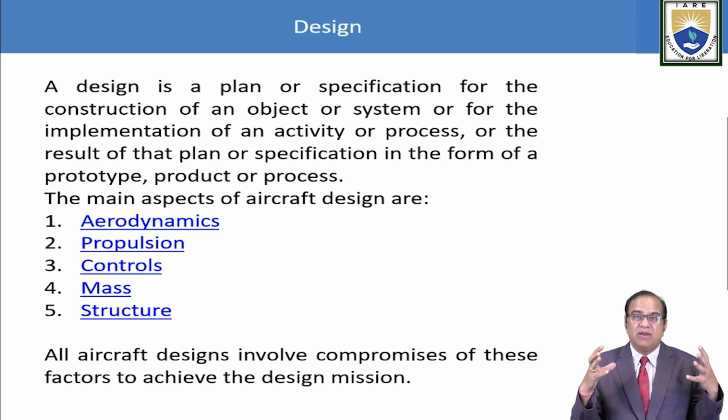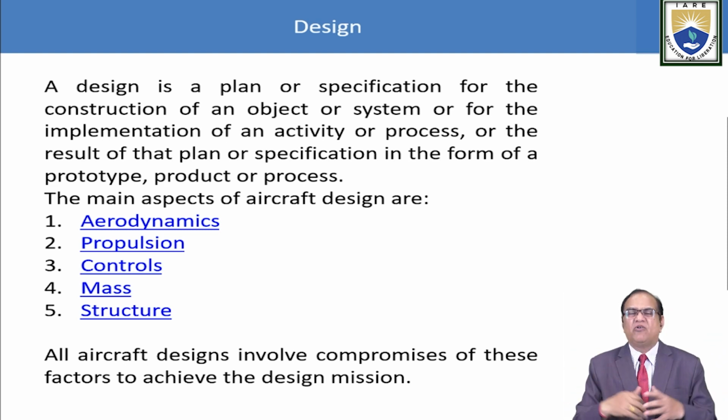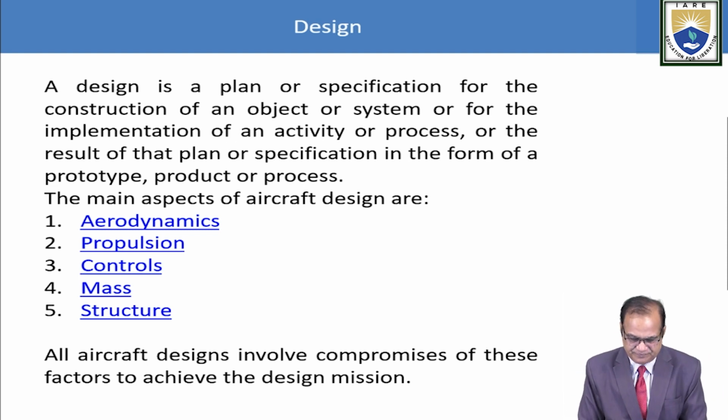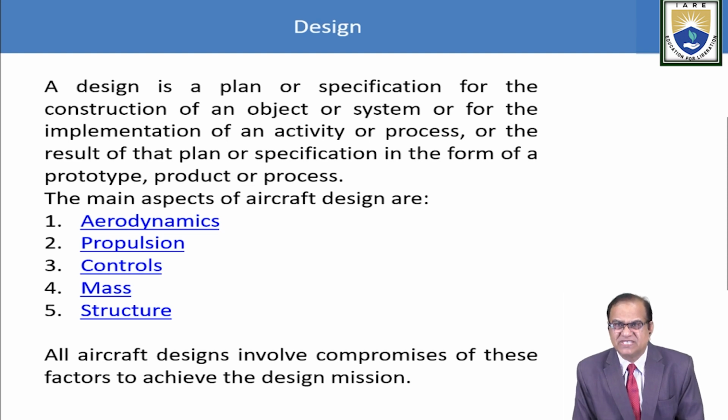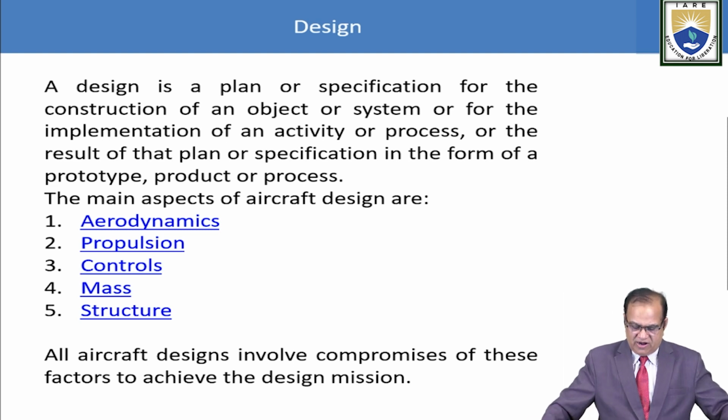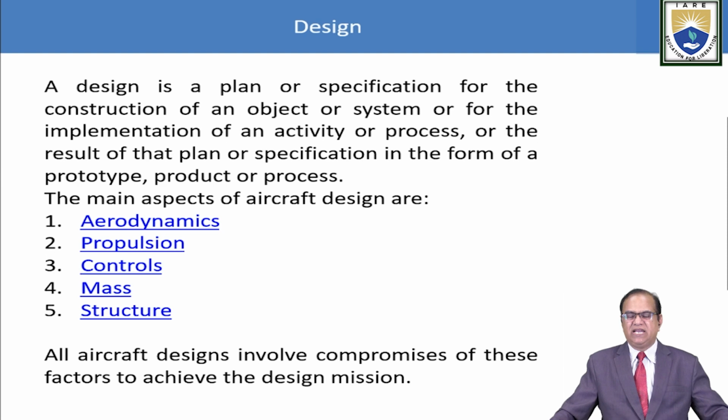The aircraft should be able to sustain a given amount of forces and different types of loading. So all aircraft designs involve compromises of these factors to achieve the design mission.